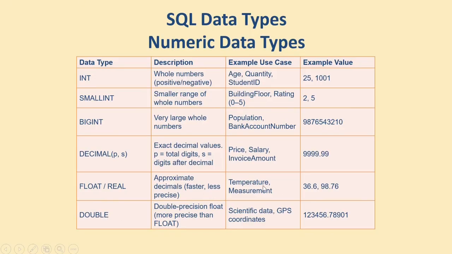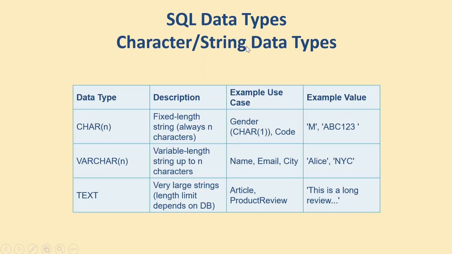For example, 2 digits after the decimal point. And double can be used for scientific data if we need a very accurate number without rounding, so we can use double. So the number of digits after the point will be very big. Okay, these are the numeric data types.